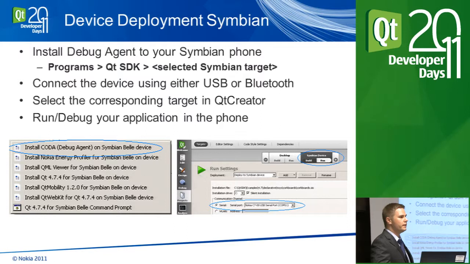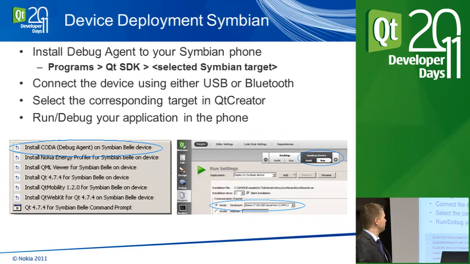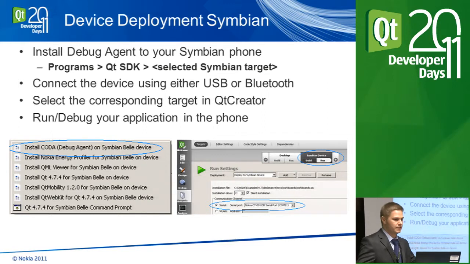Then about deploying your application for Symbian. First of all, you need to make sure that you have the debug agent installed on your mobile phone for Symbian. Let's assume that you have your SDK installed on Windows.